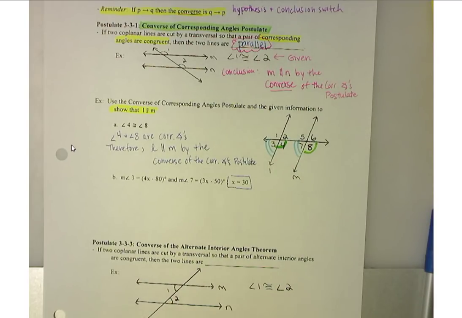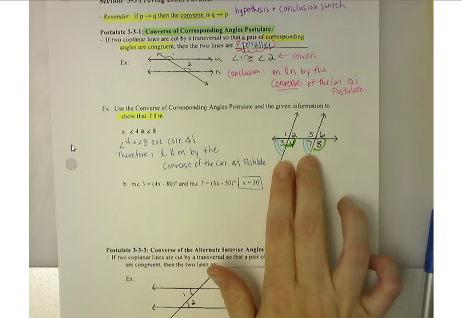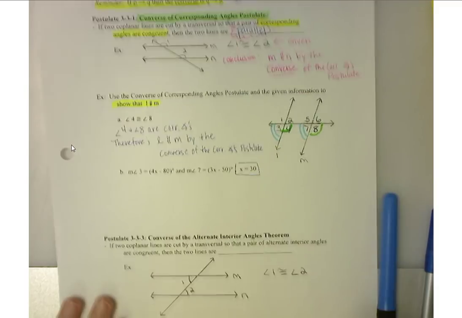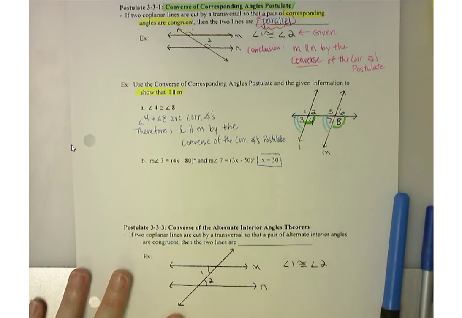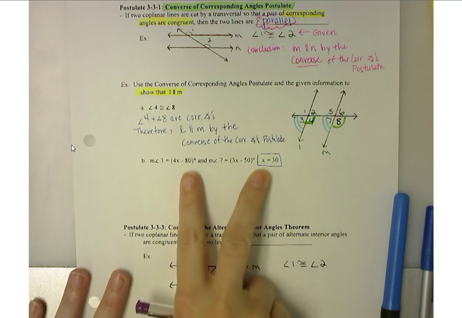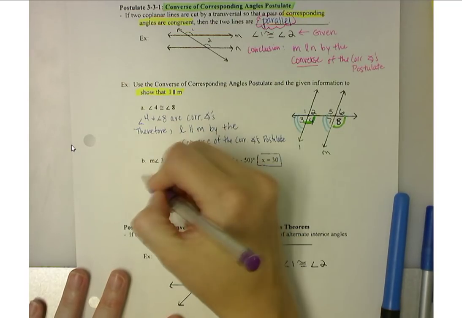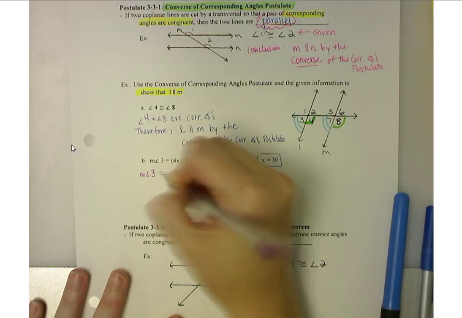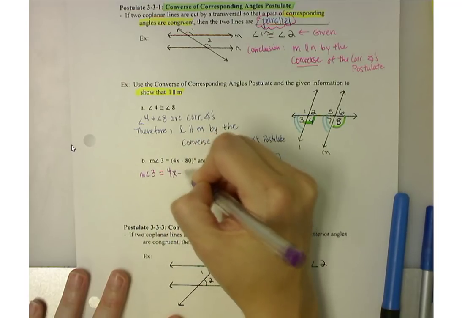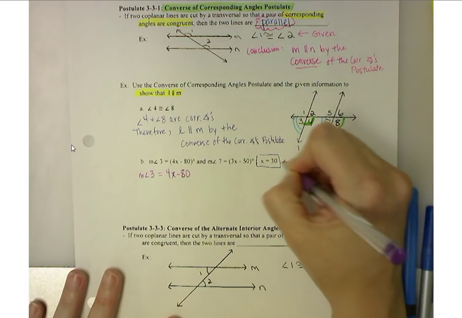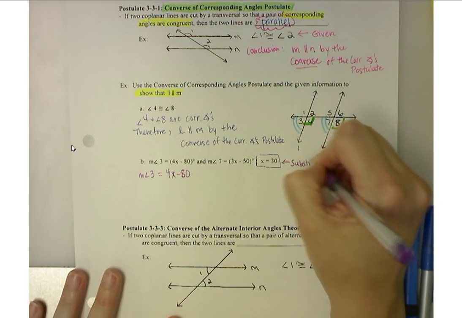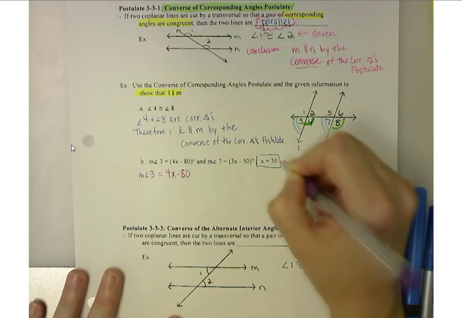Okay, so 3 and 7 are corresponding angles, so they should be equal. So what we're going to do is make sure that they are using what we're given. So the measure of angle 3 is equal to 4x minus 80. If x equals 30, we are going to use substitution to plug in 30.